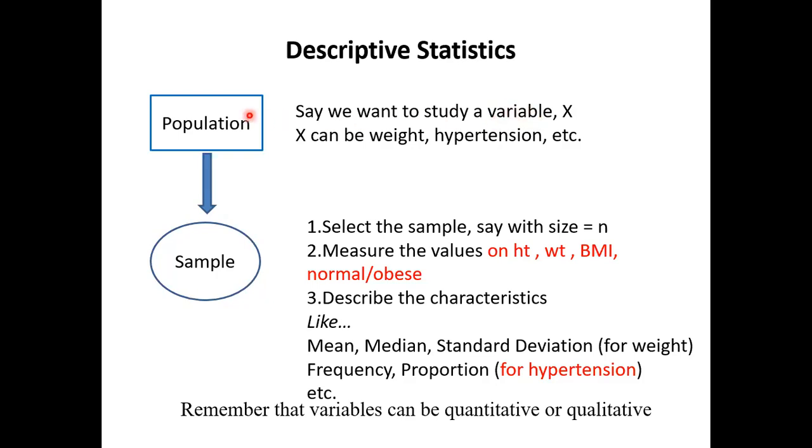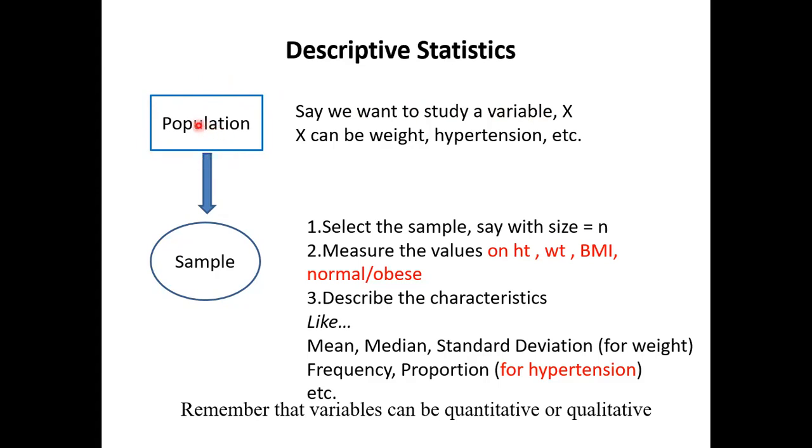For example, we're interested in the students taking a particular exam. You want to measure the marks. So we take a subset, we call it a sample. Let's say there are 1,000 students sitting for the exam. We take 100 students. So that is population to sample. Another example, let's say factory workers.